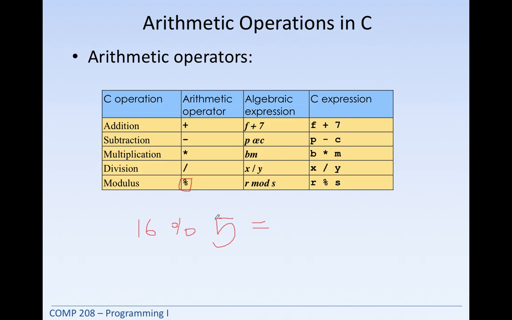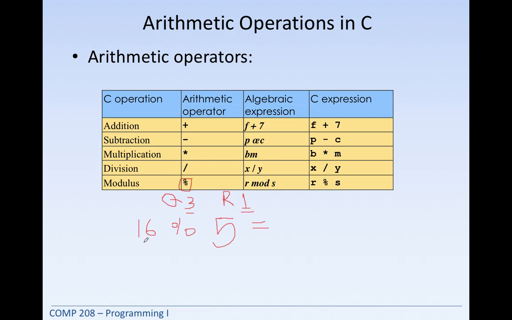The quotient is 3, and the remainder is, what's the remainder, guys? The remainder is 1. So if you divide 16 by 5, the quotient is 3 and the remainder is 1.